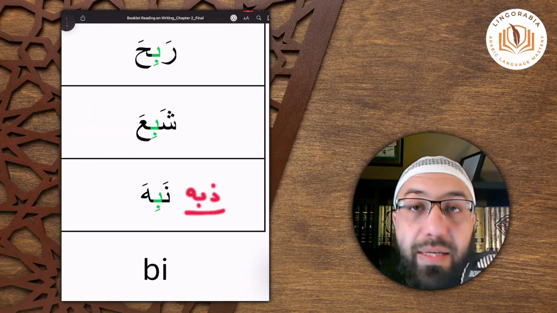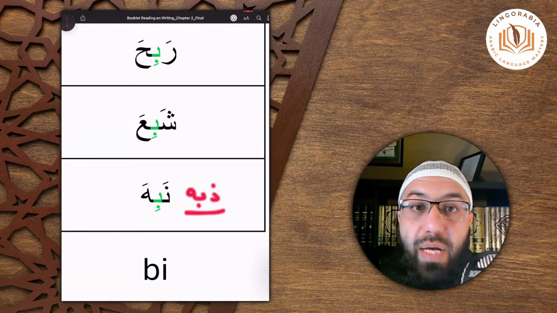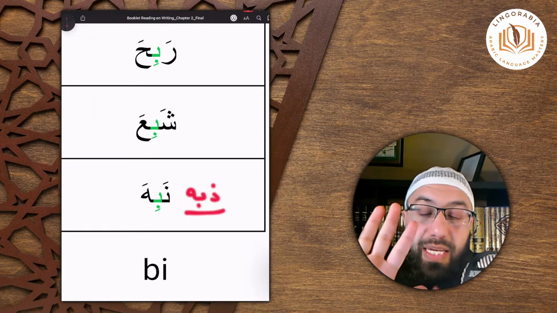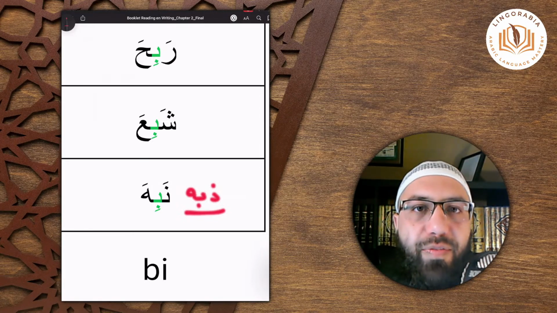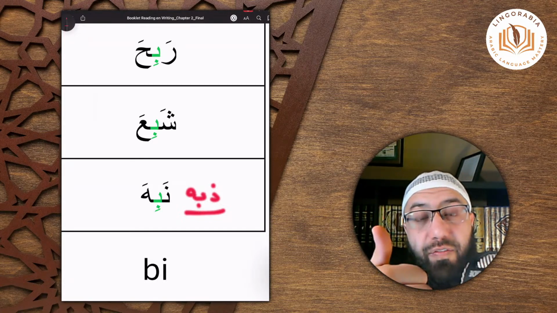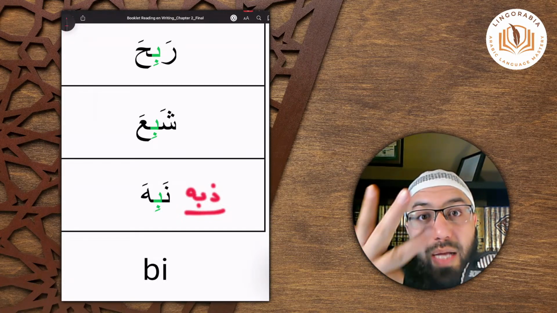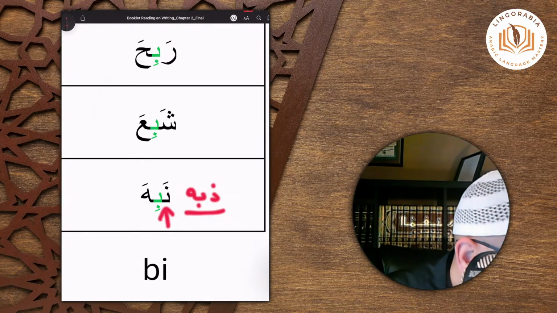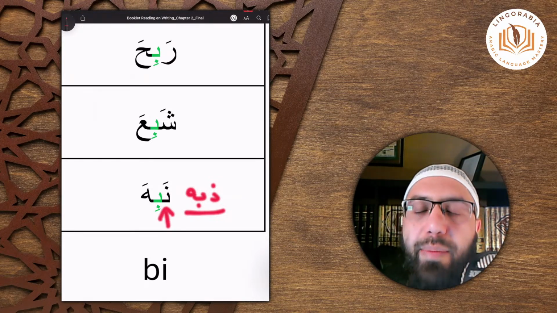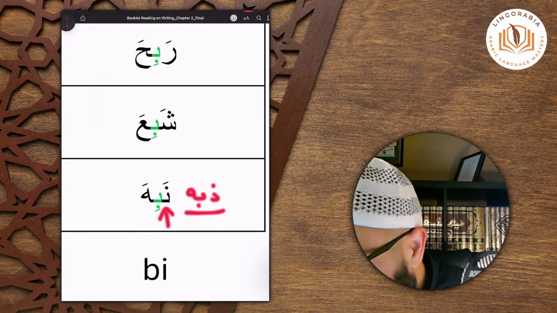The dhal is amongst the six letters that you cannot join with the letter after. You can join it with the letter before, but not with the letter after. The alif, the dal, the dhal, the ra, the zay, and the waw. So it is impossible for this to be a dhal, because the dhal cannot be joined with the letter after.